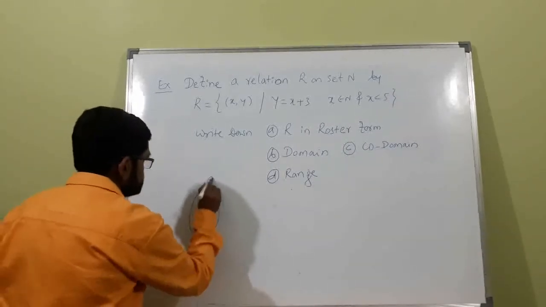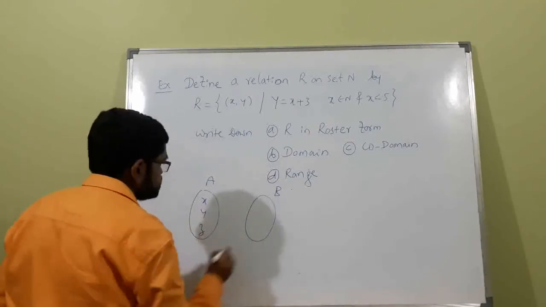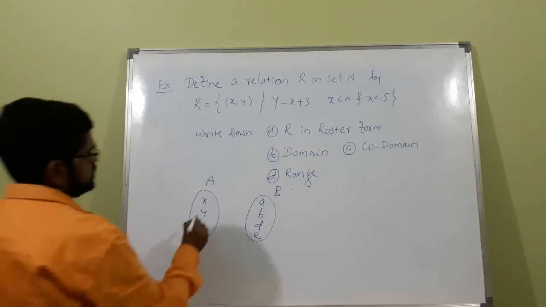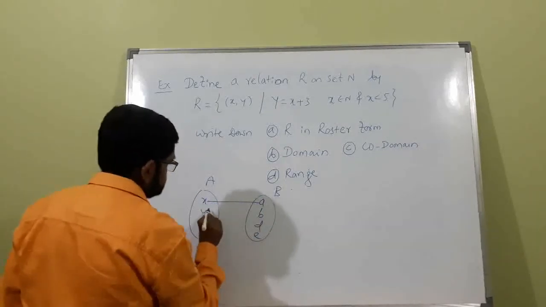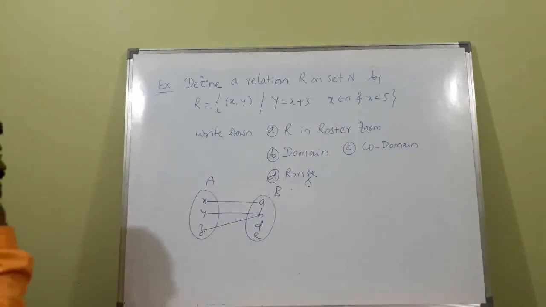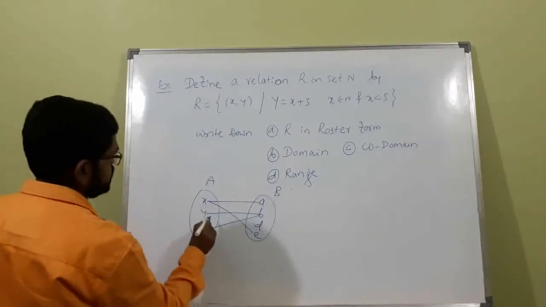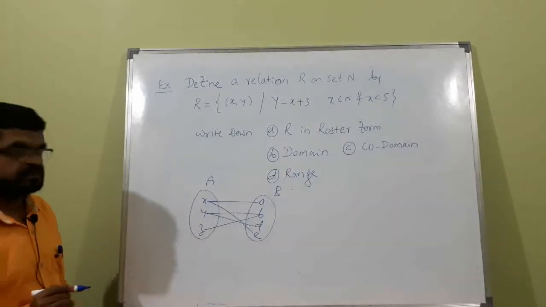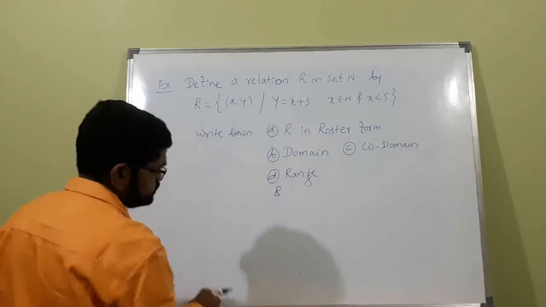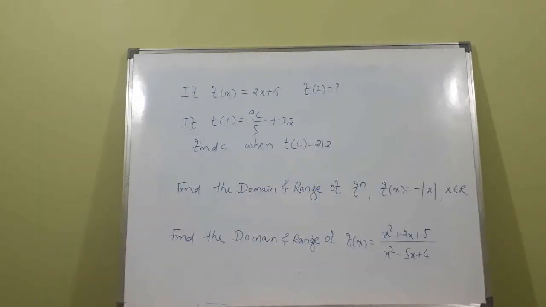Suppose A is X, Y, Z and B has A, B, D and E. So this is a function, but X should not have two images like this, or Y should not have B and D at the same time. Okay, you take that.